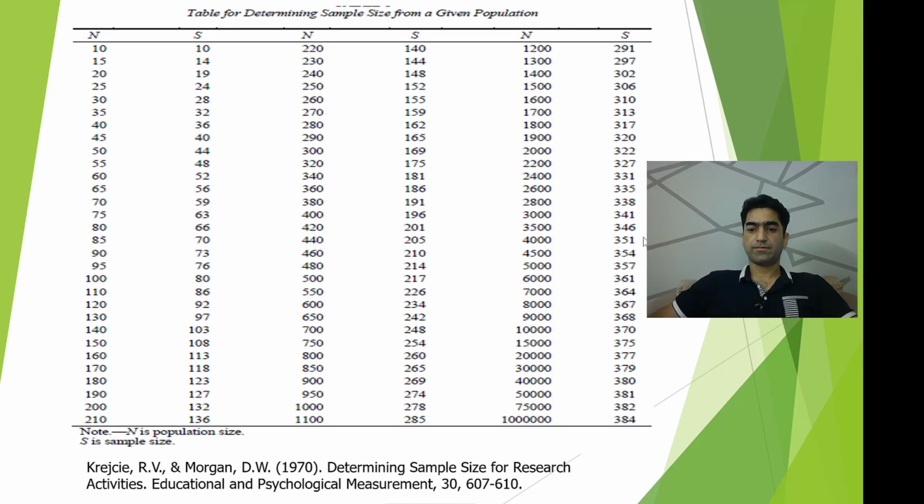If your sample size is around 350, then you should float up to 700 questionnaires. If it's 500, then 1000 questionnaires should be floated.